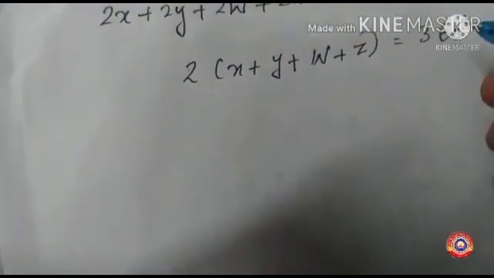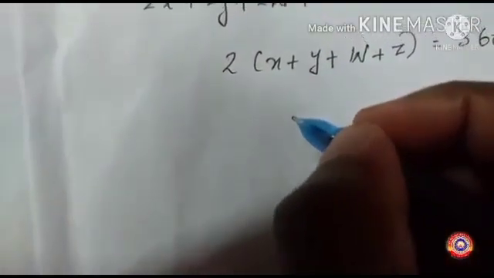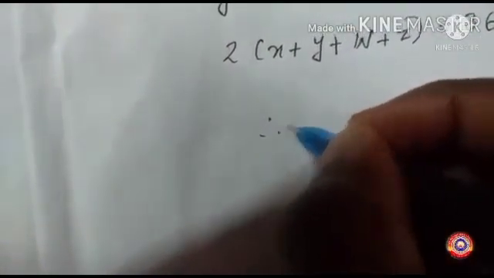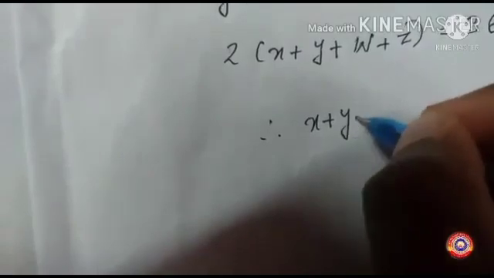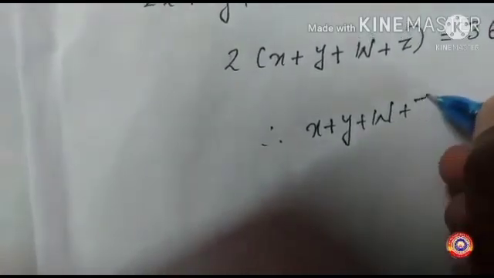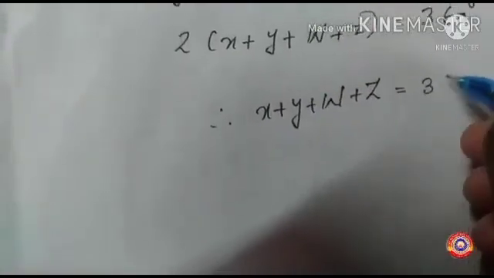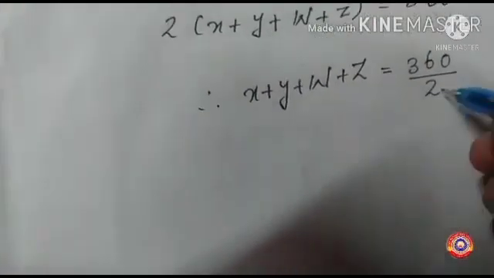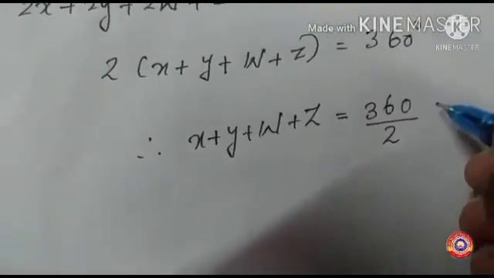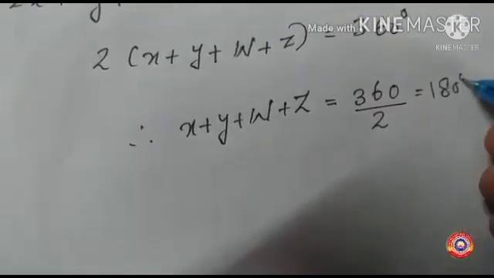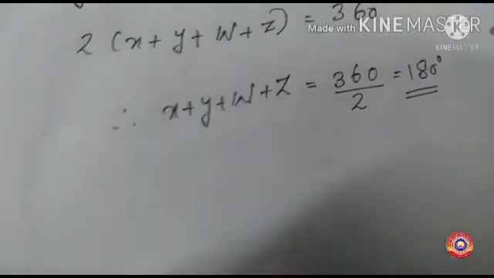From this we can write x plus y plus w plus z equal to 360 by 2, and it is equal to 180 degrees.